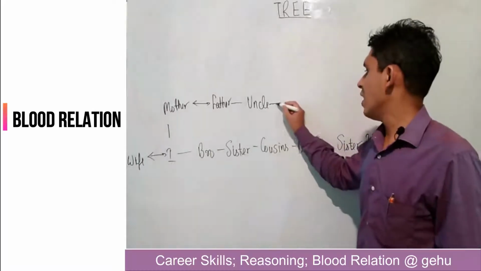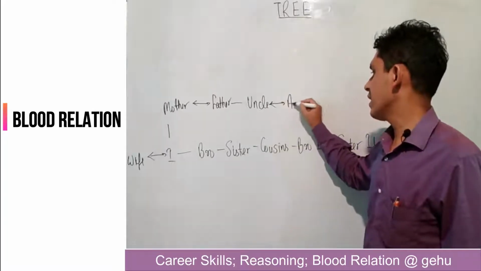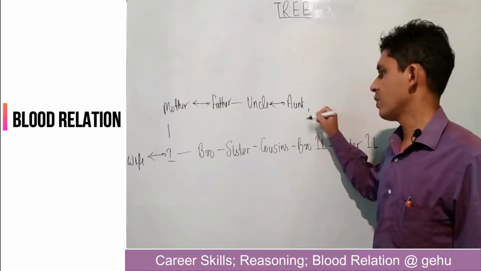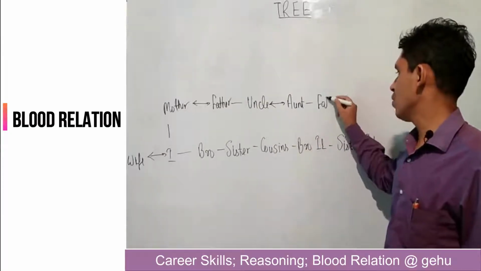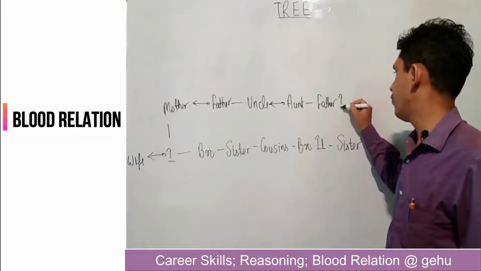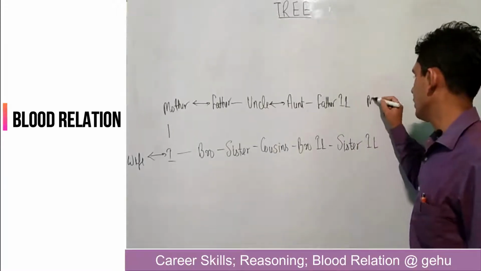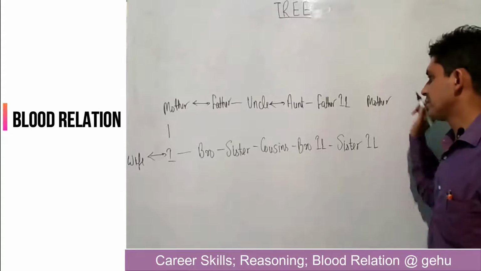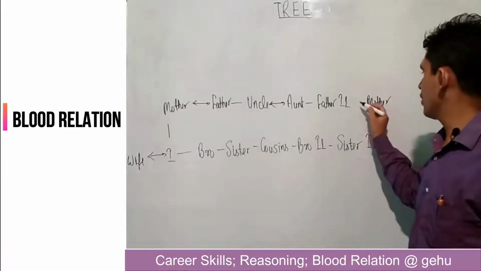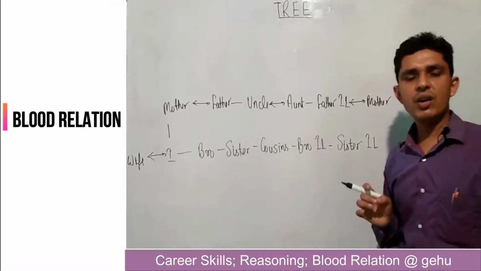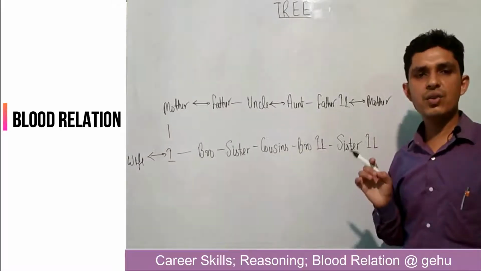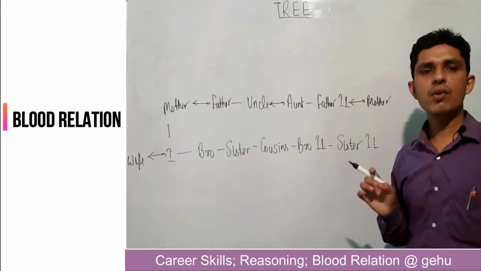If I draw aunt, this will be a double sided arrow, right? Thereafter father-in-law, mother-in-law, again a couple, so I can draw it with the double sided arrow. Friends, it is very important that whenever you are drawing a couple, draw with the double sided arrow line, right?